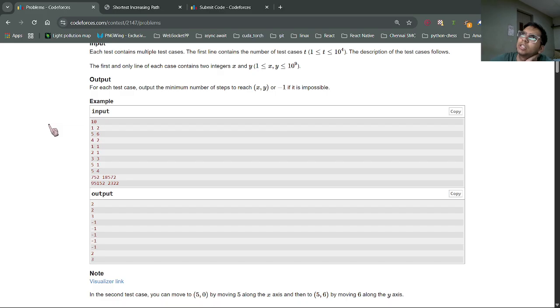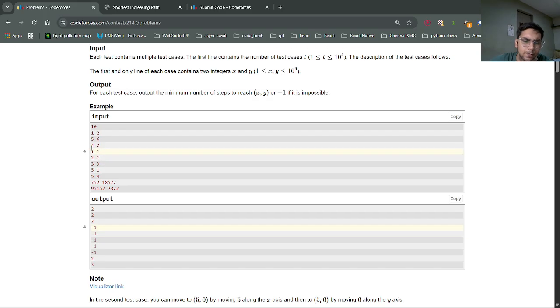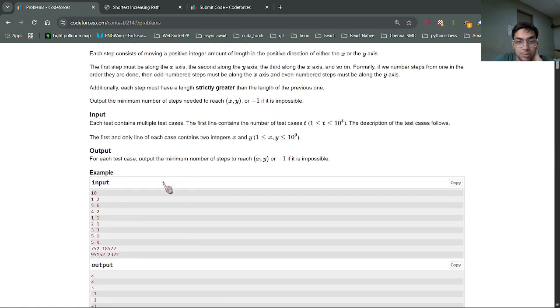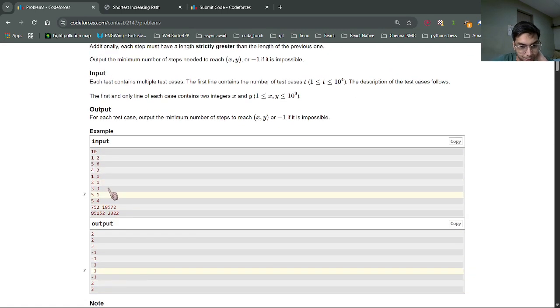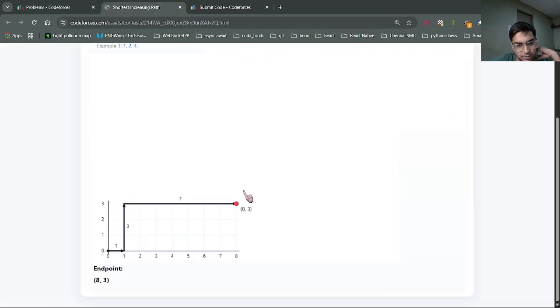It's possible in any case, unless the y direction is kind of the same, right? Wait, what? Acha, it should be greater. Yeah, I forgot that. It should be strictly greater. Right, okay, that's a good constraint.